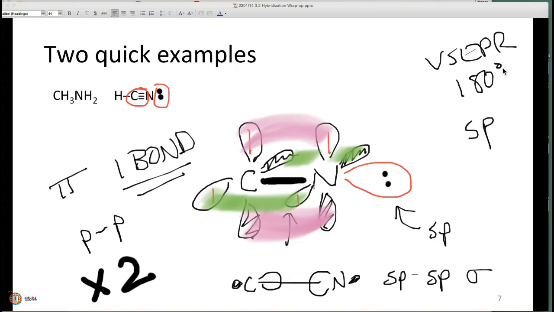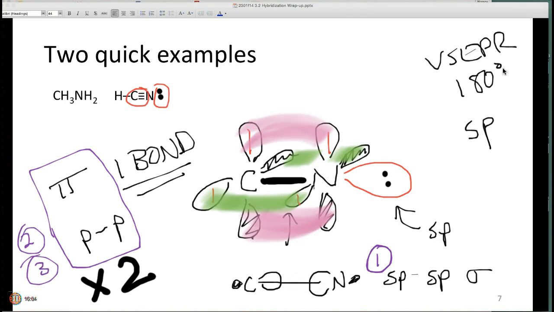So the total bonding pattern for this carbon-nitrogen triple bond is 1, the sigma sp-sp bond, then 2 p-p pi bonds. All right, that describes the entire bonding pattern.